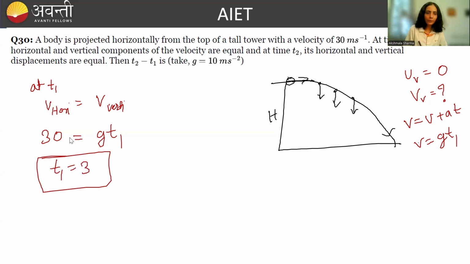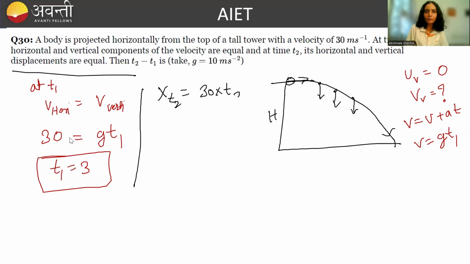Now let's calculate t2. So what is said about t2? At time t2, its horizontal and vertical displacements are equal. So horizontal displacement at time t2 will be how much? Since there is no acceleration in horizontal direction, horizontal displacement will be equal to horizontal velocity into time. Okay?